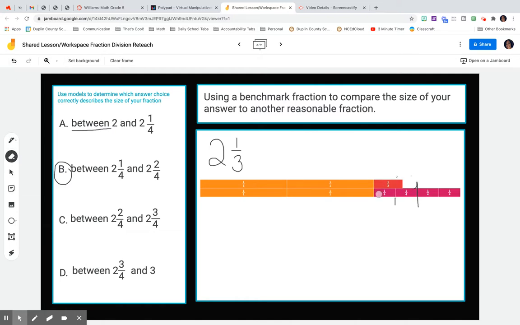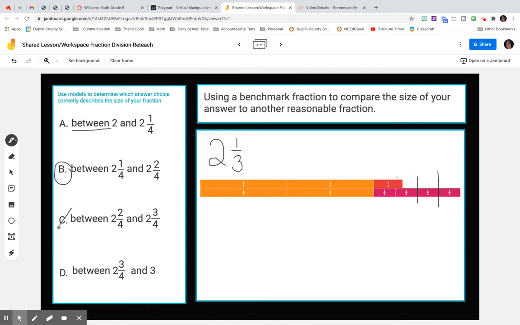So now I'm going to compare the next fraction. It says, does my answer fall between 2 2/4 and 2 3/4? So here's 2 1/4, 2 2/4, so this shows the area between 2 2/4 and 2 3/4.